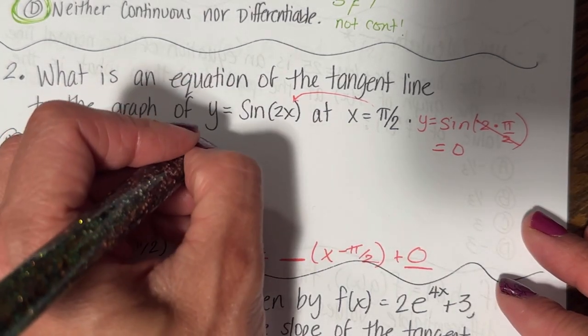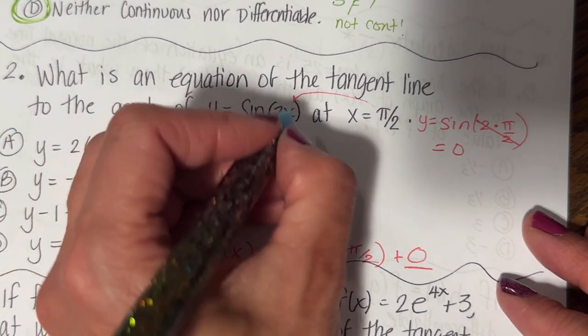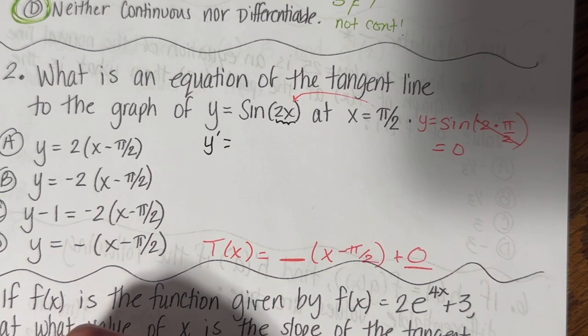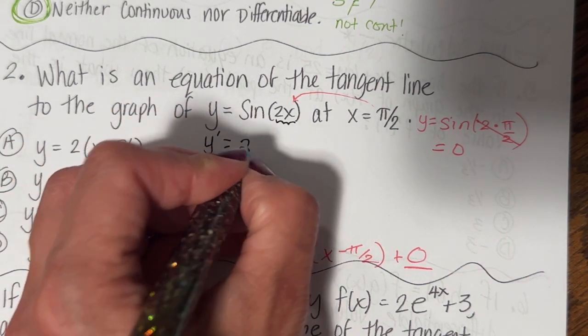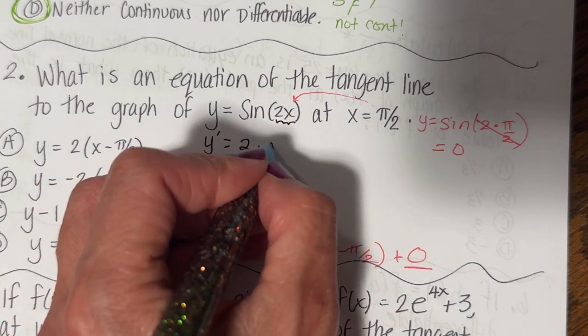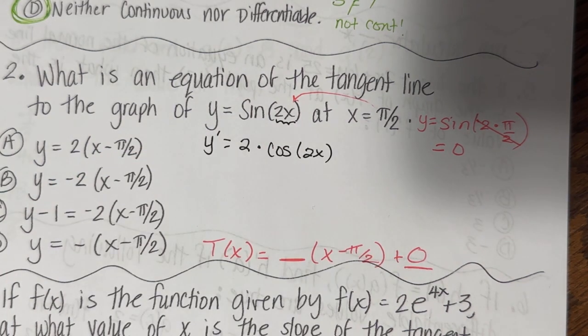All right, now I need to take the derivative of y. Well, I have to use chain rule because I have a function within a function. So I have to take the derivative of the inside. The derivative of 2x is a 2 times the derivative overall, where the derivative of sine is cosine, and then you keep the same insides. So 2 times cosine of 2x.